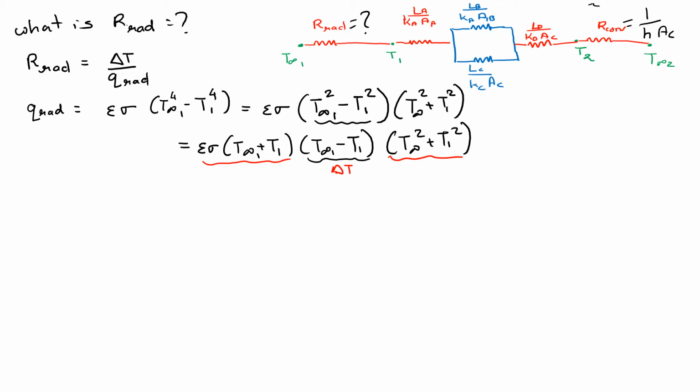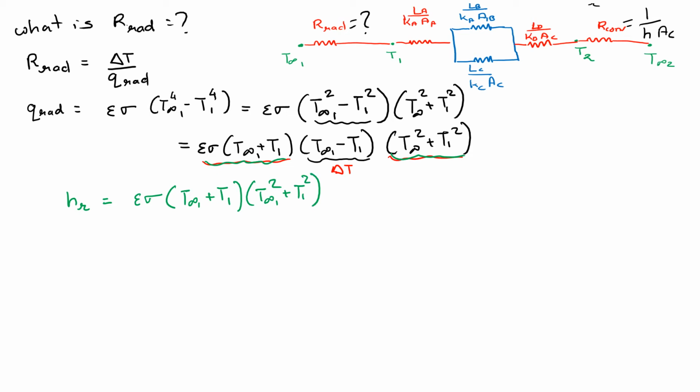If this is our delta T, the combination of these terms will be our hr, which is epsilon into sigma into T infinity plus T1 into T infinity square plus T1 square.